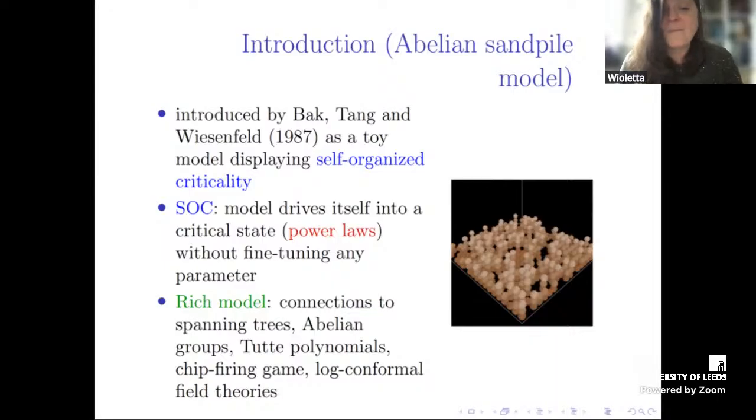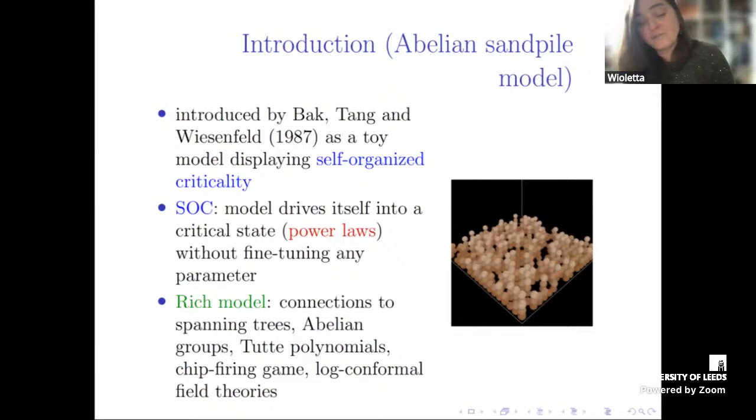These power laws typically arise in physical systems around the phase transition point, which you obtain if you tune the inverse temperature or some other parameter. But in these models, you don't tune anything. So in some sense, these power laws arise naturally without any fine-tuning. It is a very rich model.